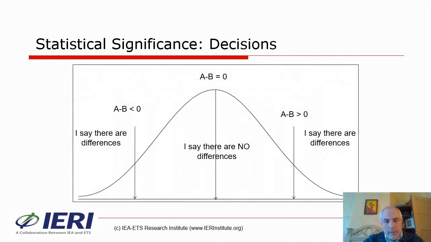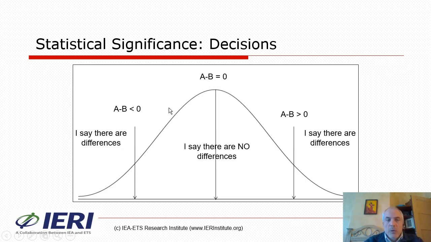Here we have a graphical representation of that. What we're assuming here is that if A and B, two statistics computed from samples that come from the same population, have the same parameters, then the average difference of those statistics will be 0. But it won't always be 0.